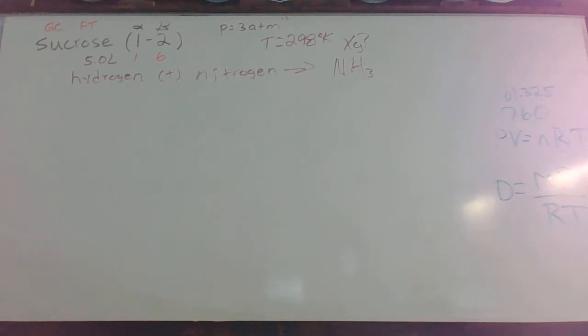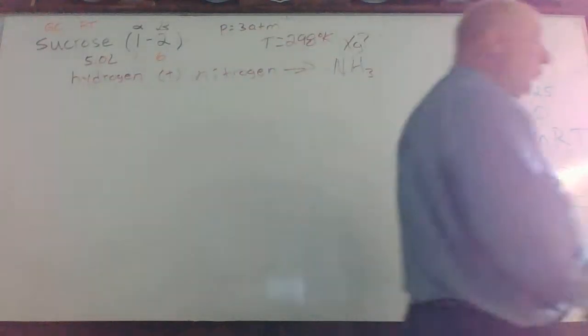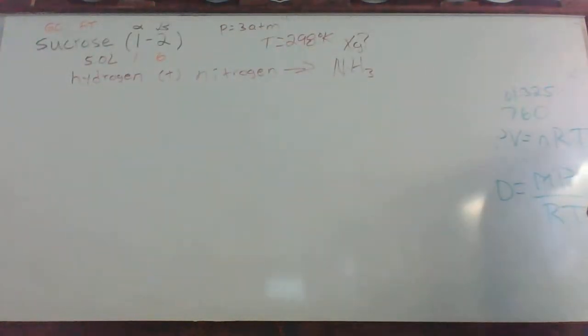Okay, so one of the aspects that we see here when we're dealing with gas stoichiometry, remember from earlier this semester, reaction stoichiometry has meant what? What do we have to have? In any stoichiometry problem, we have to have a chemical reaction.